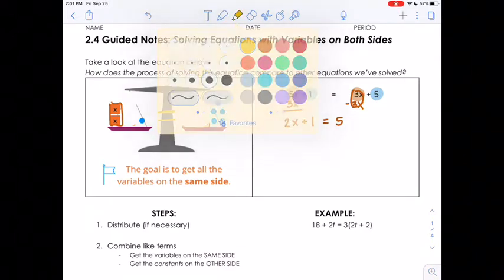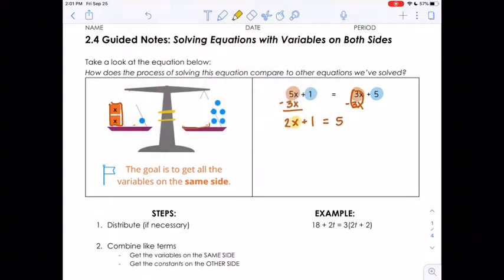Now this should look very familiar. This is what we worked on all last week. I've got all my x's together, so I can figure out the value of x by getting the x by itself. The first thing I want to do is move this 1 over to the other side.